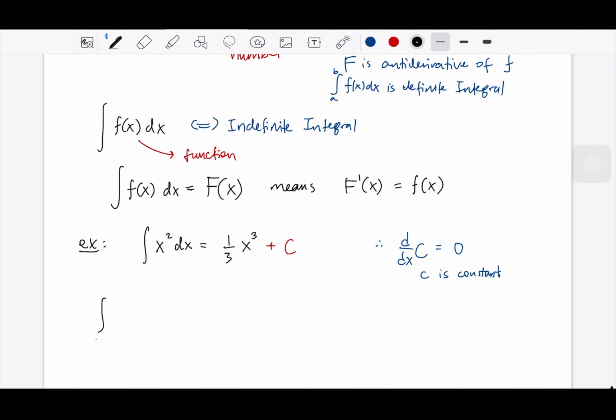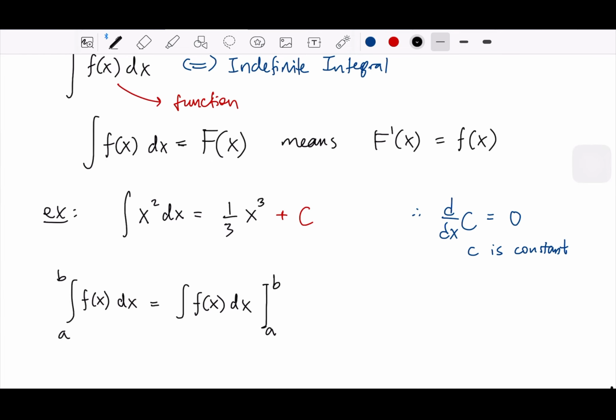So if we have the integral from a to b of f of x dx, you could imagine computing the indefinite integral and then plugging in the endpoints. I think some of you already learned this a little bit, right? So this is how we connect the indefinite integral with the definite integral.